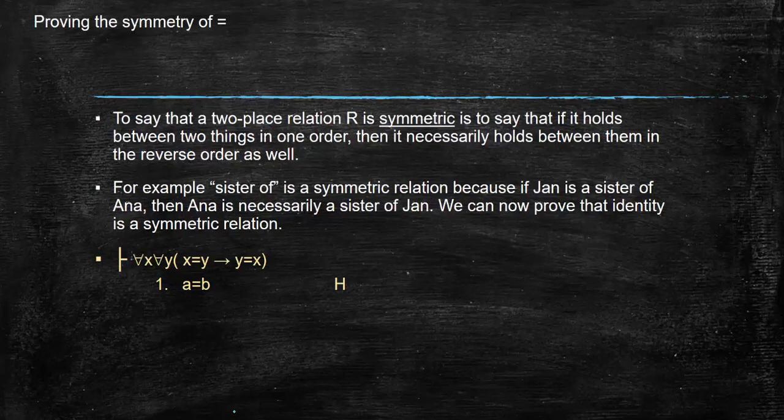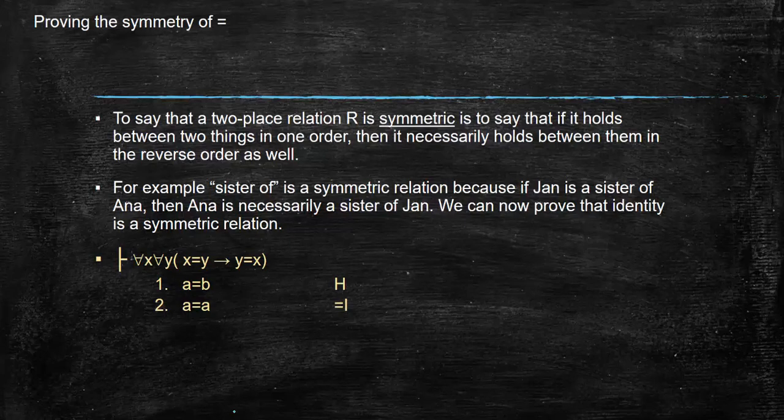So how are we going to do that? Well, we're going to introduce A equals A. We could also have introduced B equals B. It'll work either way. So now that we have A equals B on line 1, and we know by identity introduction that A equals A, what can we do?